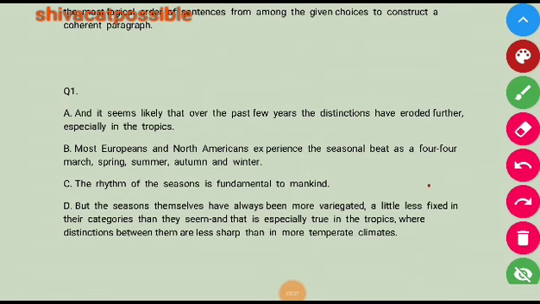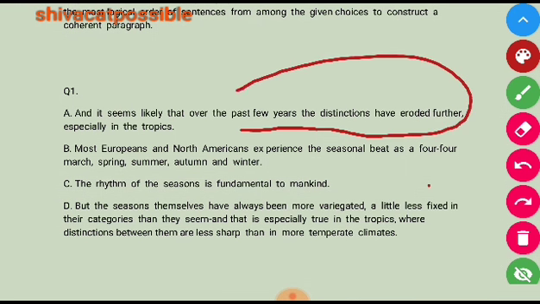You can see here, and it seems likely that over the past few years the distinctions have eroded further. It cannot be the start of the paragraph because and is a transition; we have to connect it with one more sentence. Most European and most North American experience the seasonal beat as a four-fold march: spring, summer, autumn and winter.